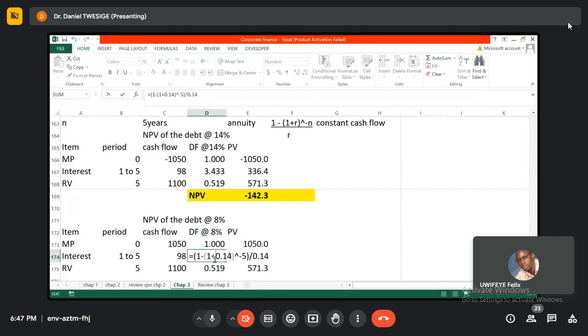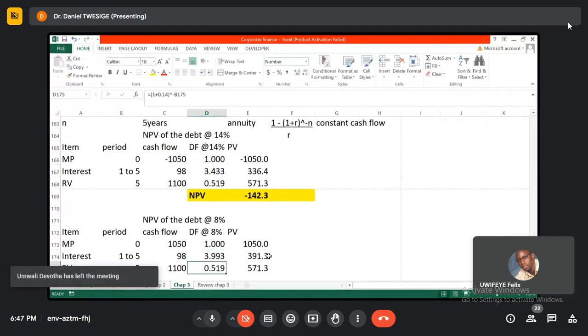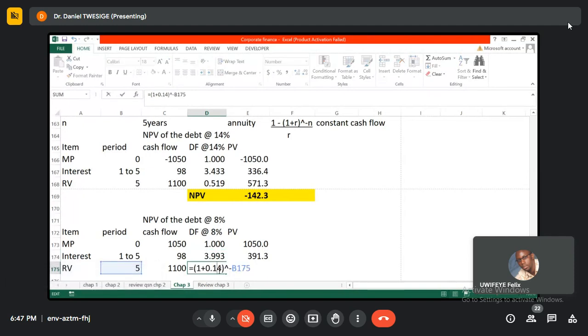And this is going to be 0.08. And this, I don't think it has 0.08. And this one also I change it to 0.08. But you can use your table for you. I'm just using an Excel.